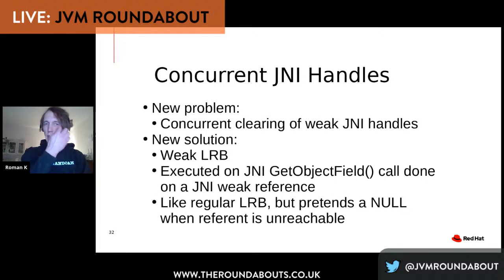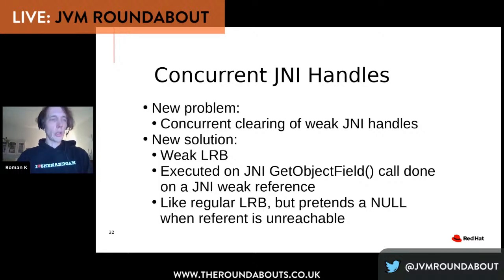This is the concurrent cleaning of weak JNI handles. In JNI, you can have weak handles to objects, which means that if the referent of the object is unreachable, it gets cleared and you cannot access it anymore.